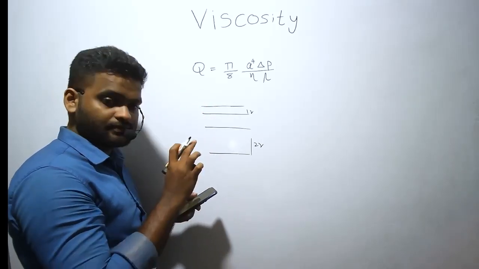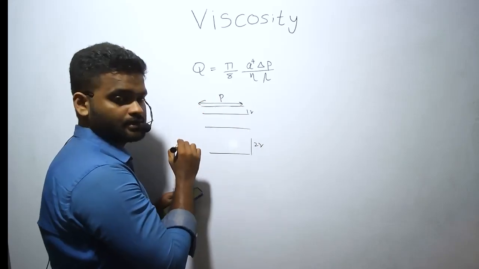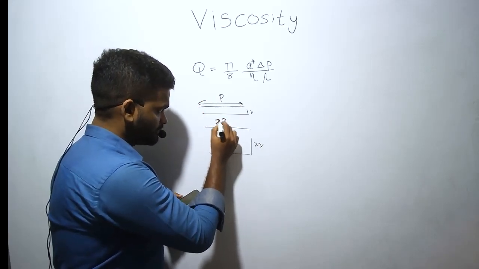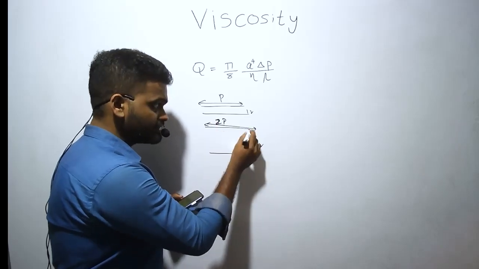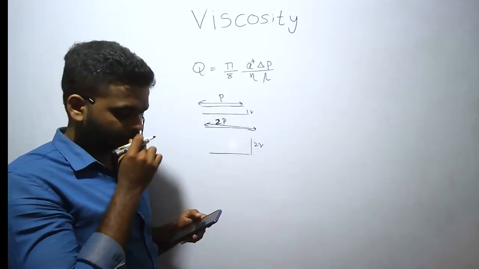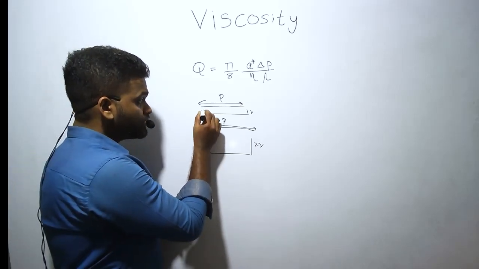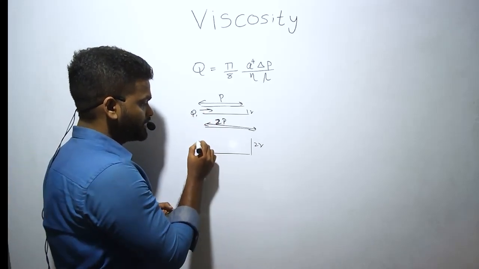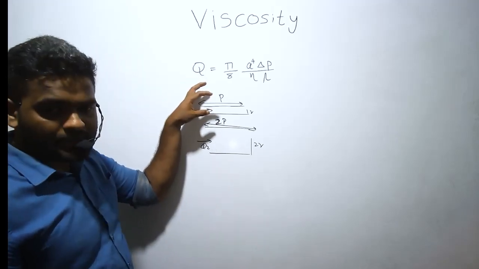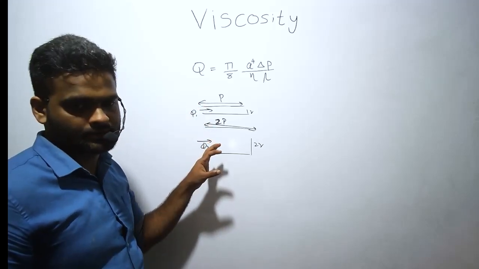And the pressure difference for this one is P. For the other one, pressure difference is 2P. These are not pressures, pressure differences. Delta P values. Okay? So what they ask is flow rate Q1 and Q2. So you have to compare these two tubes, these two pipes, right?